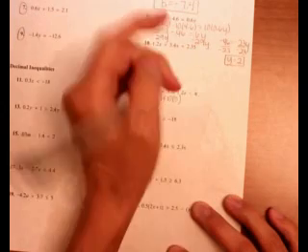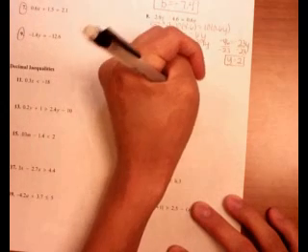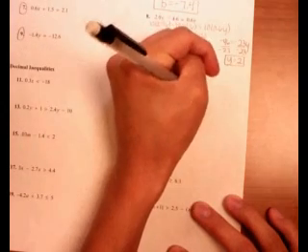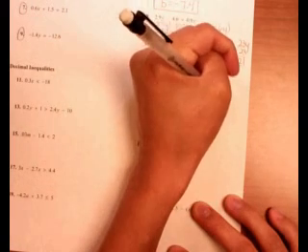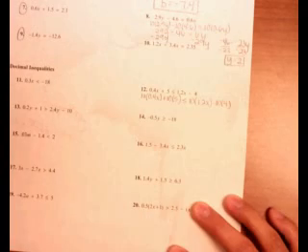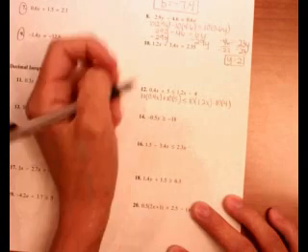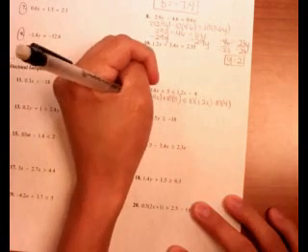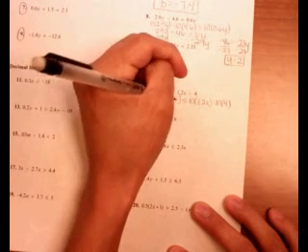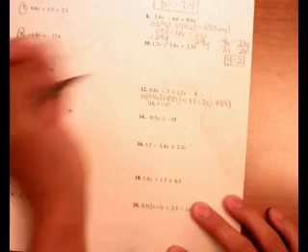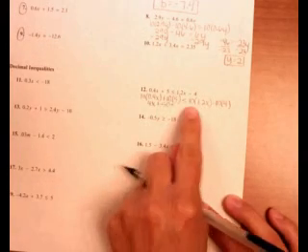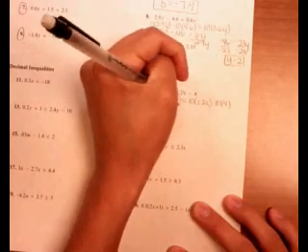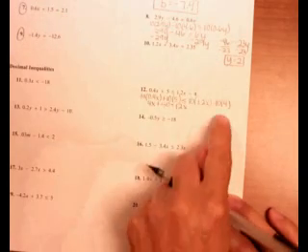Multiply each of these terms by 10 times 1.2x minus 10 times 4. So 10 times 0.4x gives us 4x. 10 times 5 gives us 50. Is less than or equal to 10 times 1.2 is 12x minus 40.